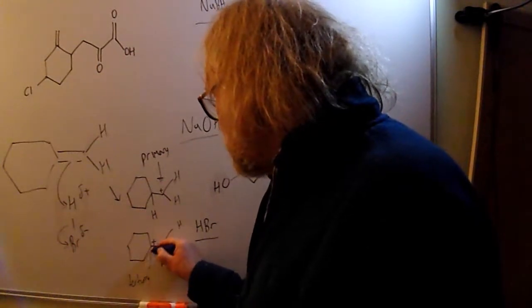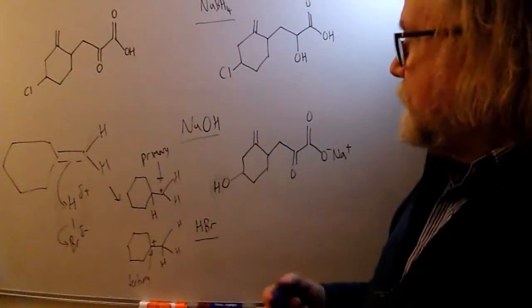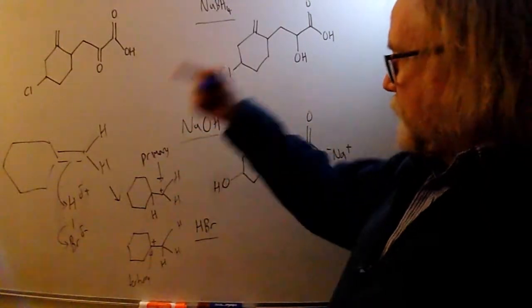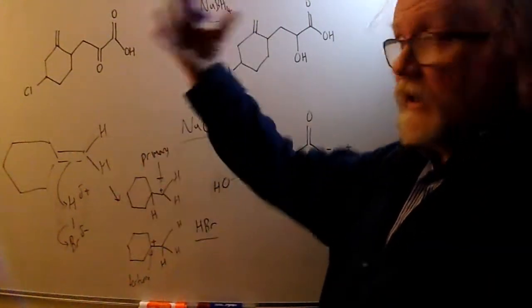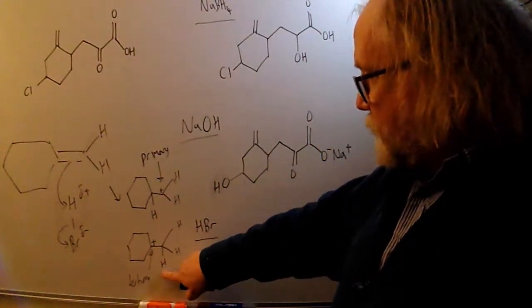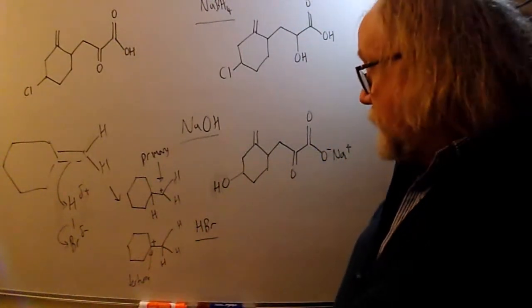And what you need to know, you don't have to explain it, but you need to know that the stability increases in the order primary are the least stable, then secondary, tertiary are the most stable. So this is the most stable one, therefore it's the one that's going to be preferentially formed.